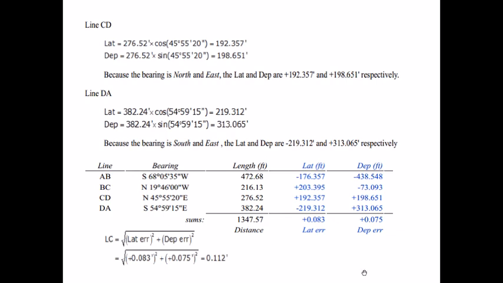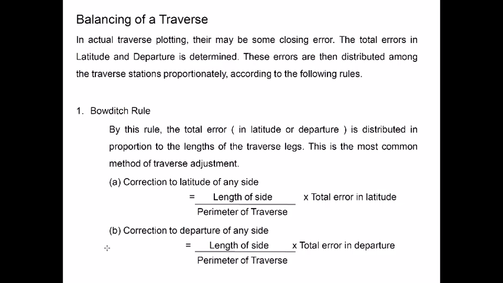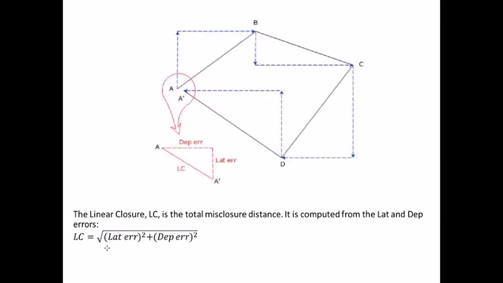Once we have the error in latitude and the error in departure, we can calculate the total error using the equation that we saw earlier. The error was called the total missed closure distance or the total linear closure error.